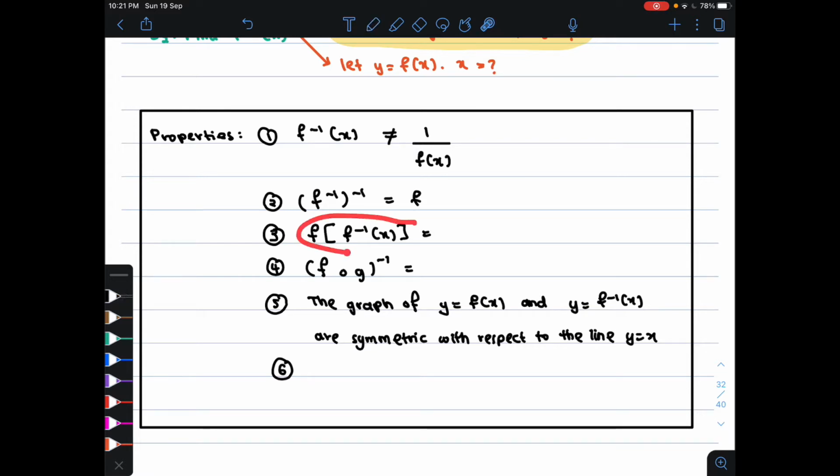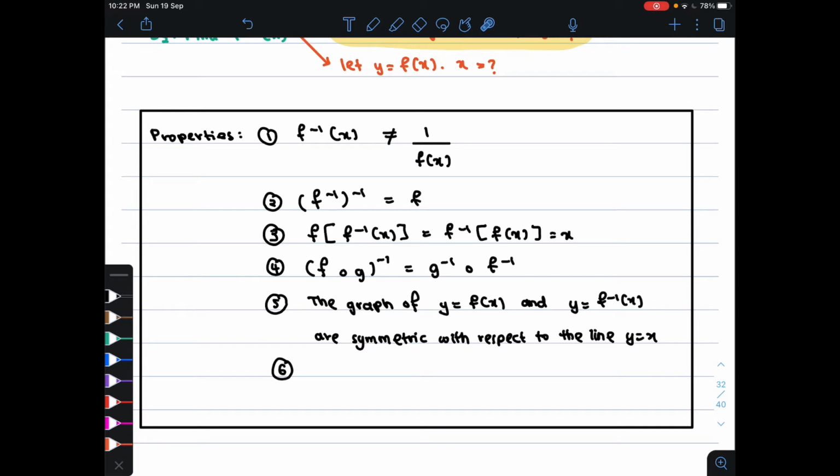And for the third property, you already know that f inverse of fx will give you x. Now, what if you have composite function fg and then you inverse it? That will give you the composite function g inverse f inverse. So, kalau kat dalam ni fg, dia akan terbalik jadi g inverse f inverse.